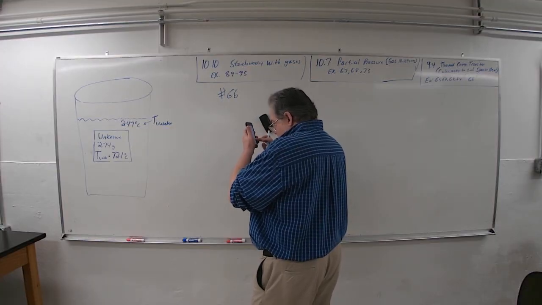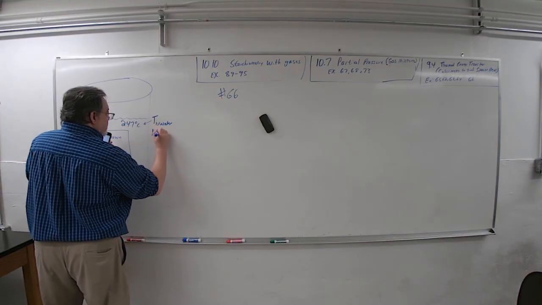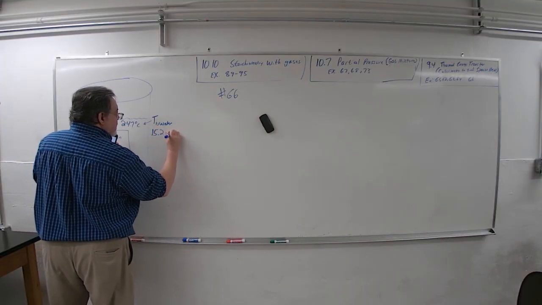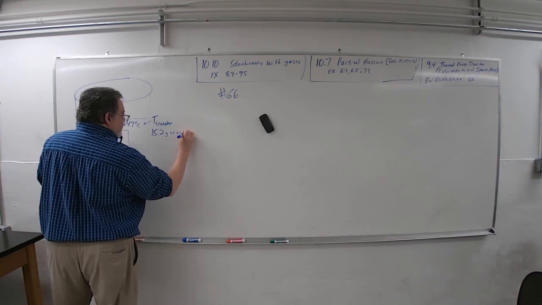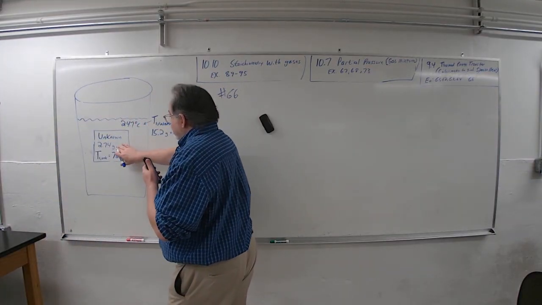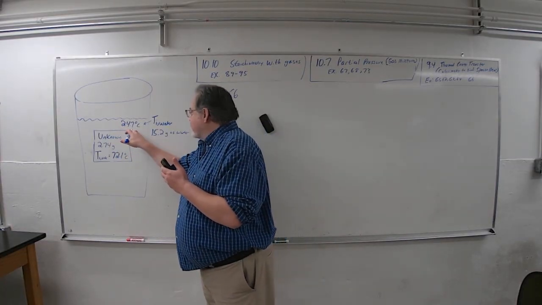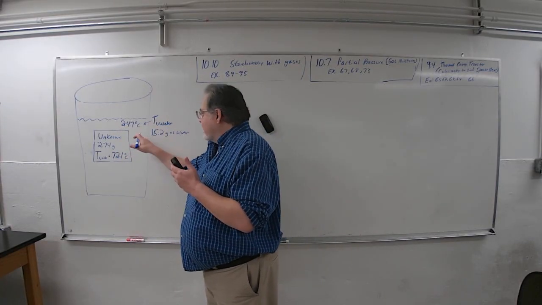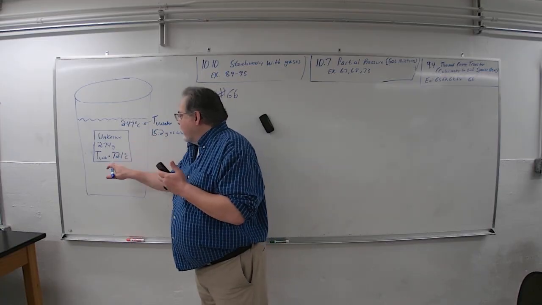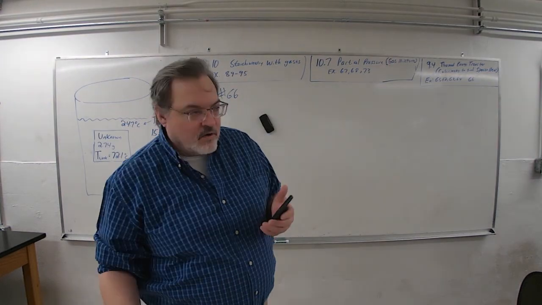Diagram this balance. So I've got 15.2 grams of water, 2.74 grams of the unknown. I've got 24.7 degrees C initial temperature of the water, and 72.1 degrees C initial temperature of this unknown metal.